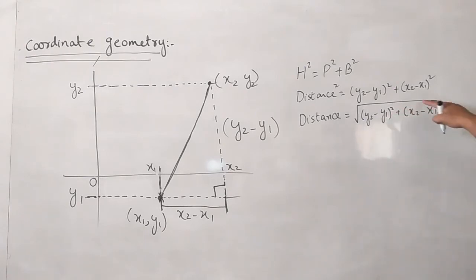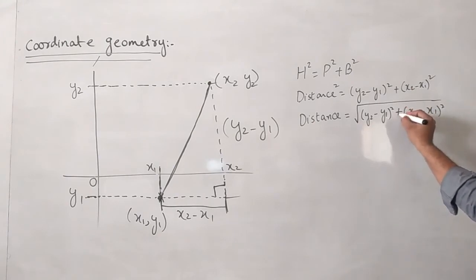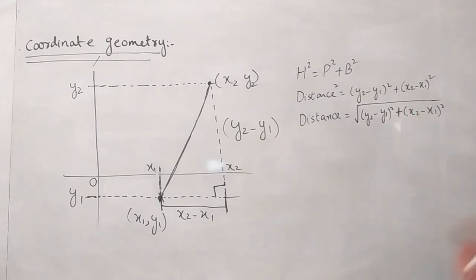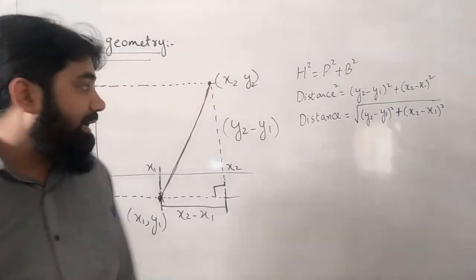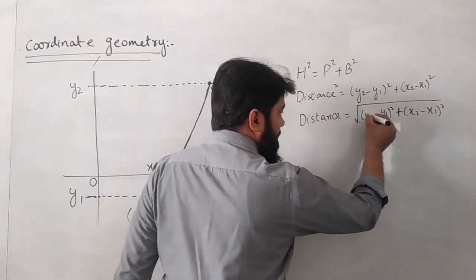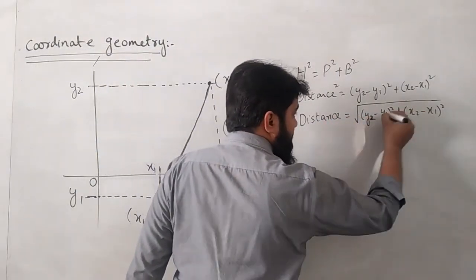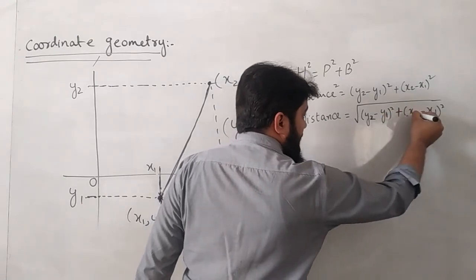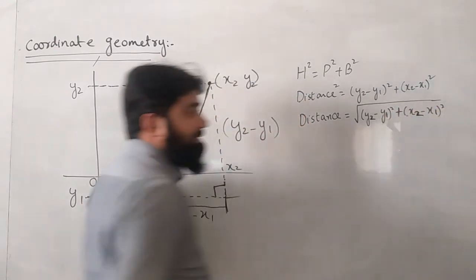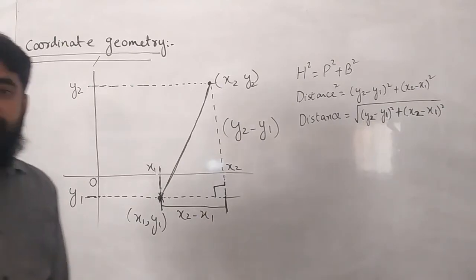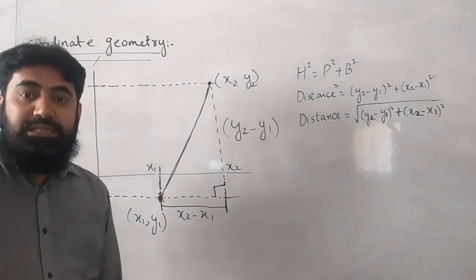Don't cancel this square with the root, because there is a plus sign in between. So don't cancel the middle. That's the final thing needed here.